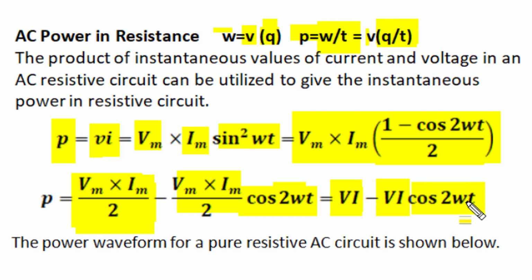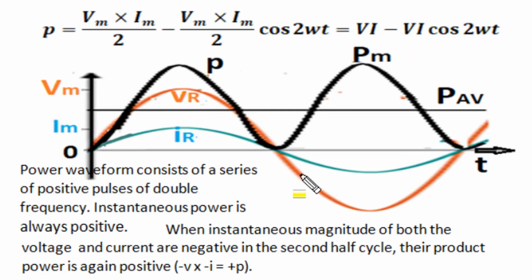We can graphically plot the instantaneous power relation as a constant term and a double frequency cosinusoidal function. So the time variation of sinusoidal alternating voltage produces an in-phase time variation of sinusoidal current flowing through the resistance, and the product of instantaneous voltage and instantaneous current is instantaneous power, as shown by this black wave.